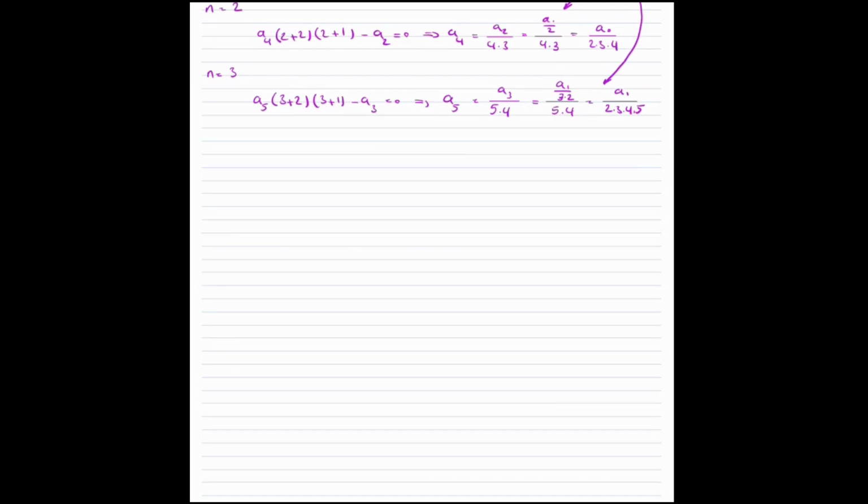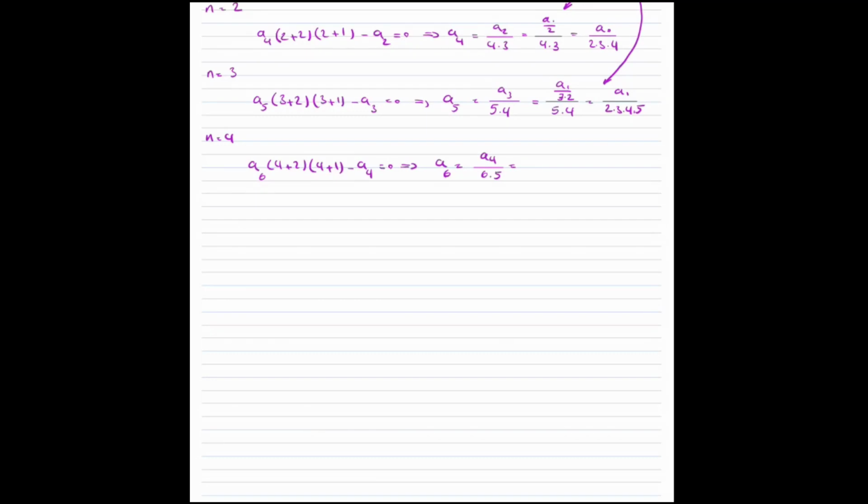The next point, we have n equal to 4. What we get is a6 multiplied by (4+2)(4+1) minus a4 equal to 0. Our a6 equals a4 over 6 by 5.